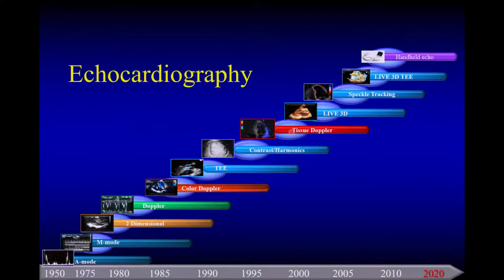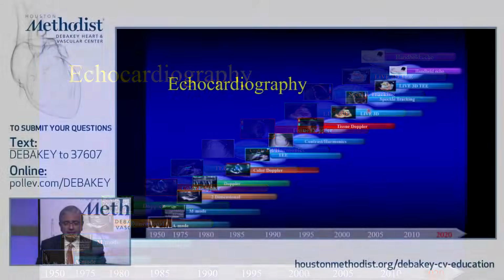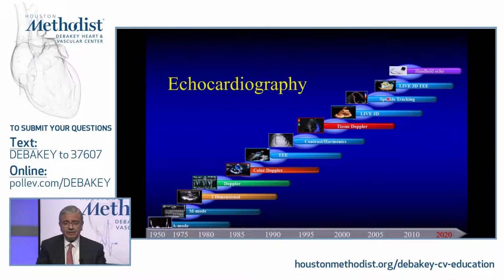Tissue Doppler, and speckle tracking with live 3D. We didn't talk about handheld echoes, but basically it has the same principles, and that's the beauty of ultrasound, is you can miniaturize it to take it to the bedside and put it in your pocket, so that it doesn't have to be office-based, it could be anywhere really.